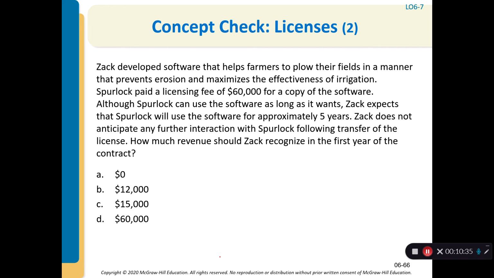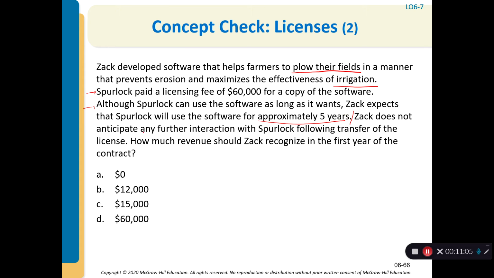Okay, so let's look at an example. Zach developed software that helps farmers plow their fields in a manner that prevents erosion and maximizes irrigation effectiveness. Sportlock paid a license fee of $60,000 for a copy of the software. Although Sportlock can use the software as long as they want, Zach expects Sportlock will use the software approximately 5 years.